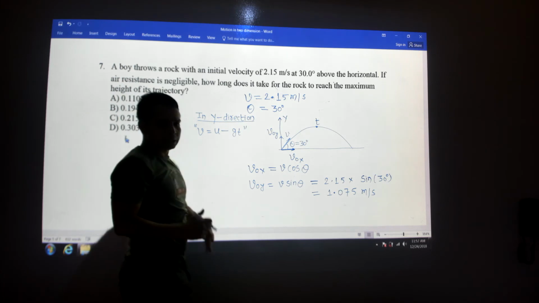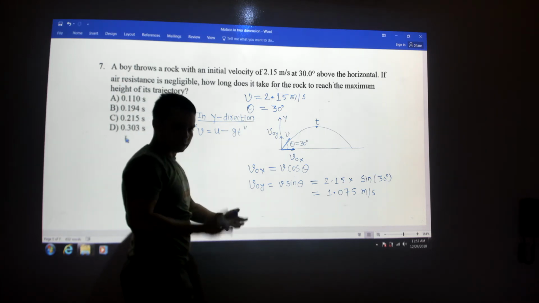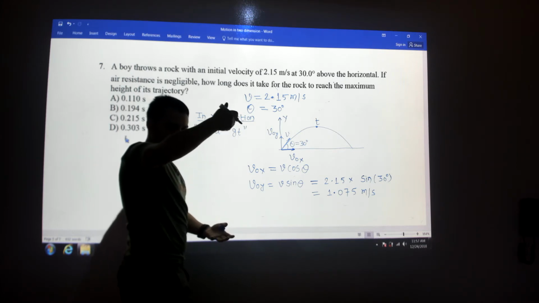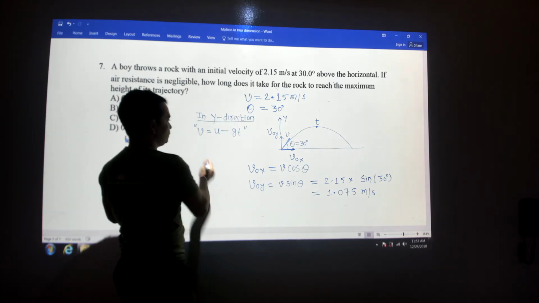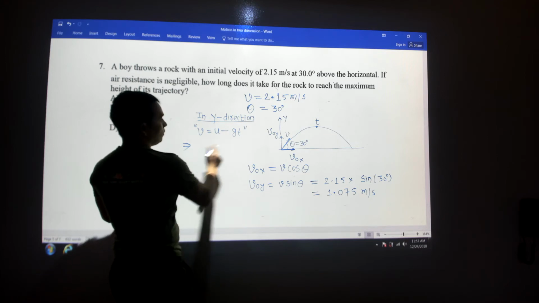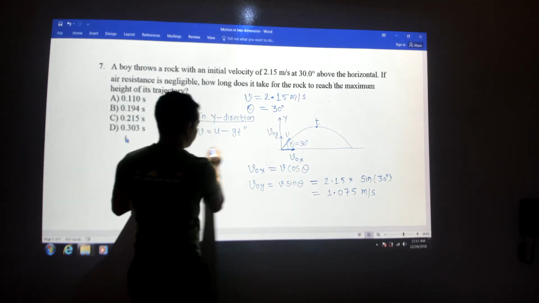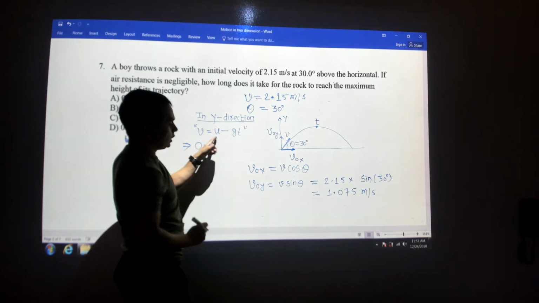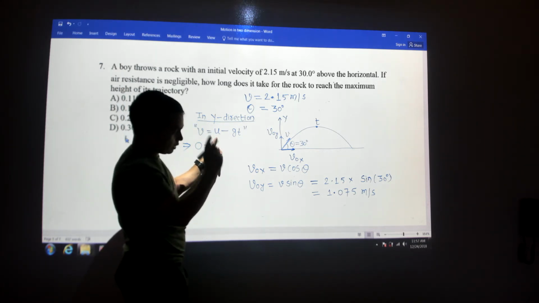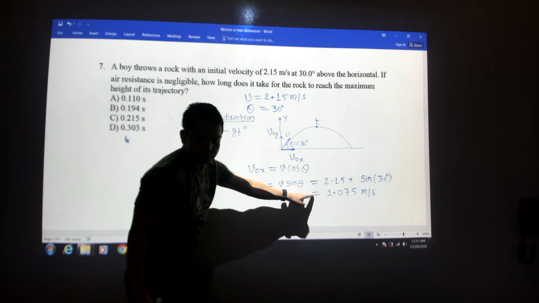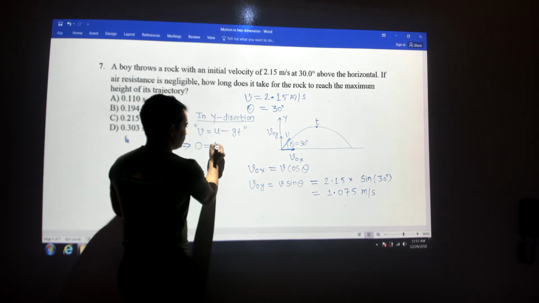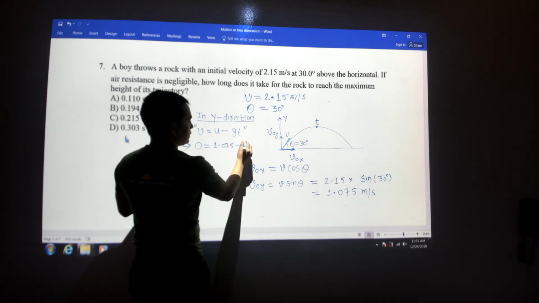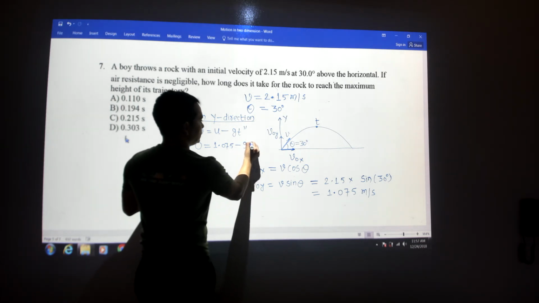Or in other words, you say this is the deceleration, because the velocity starts decreasing, and at the top, the vertical velocity will be 0. So at the top, this velocity is 0, and this is your initial y velocity, which is 1.075. g is 9.8 times t.